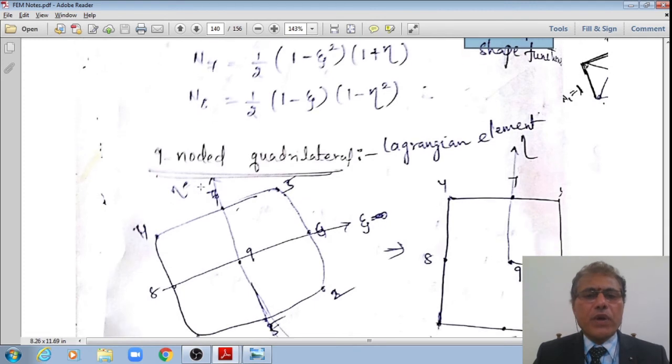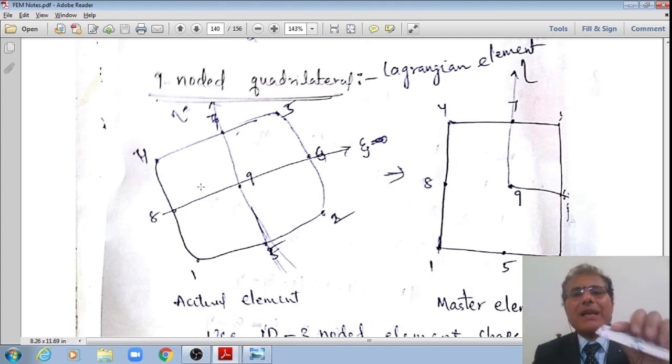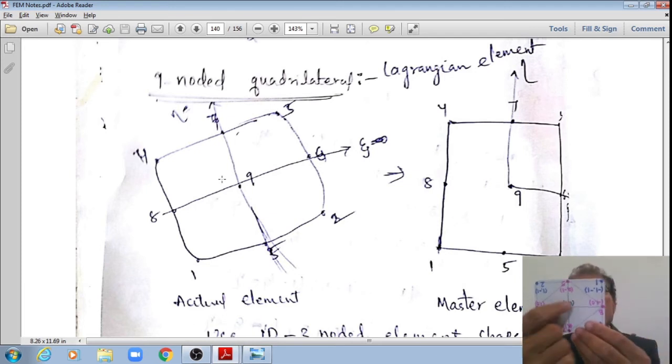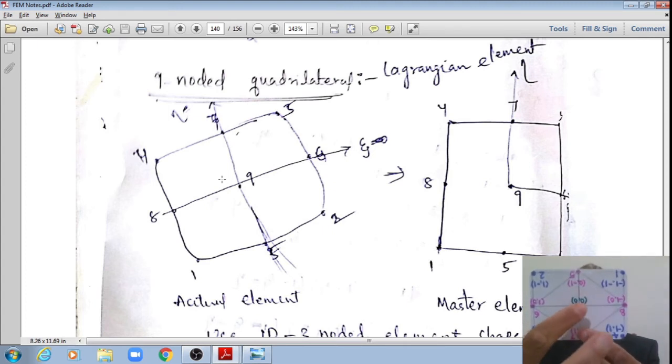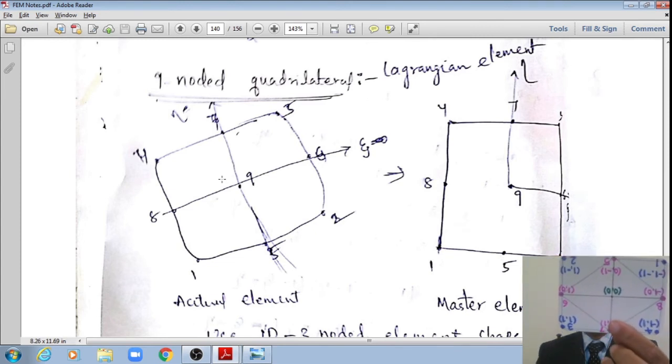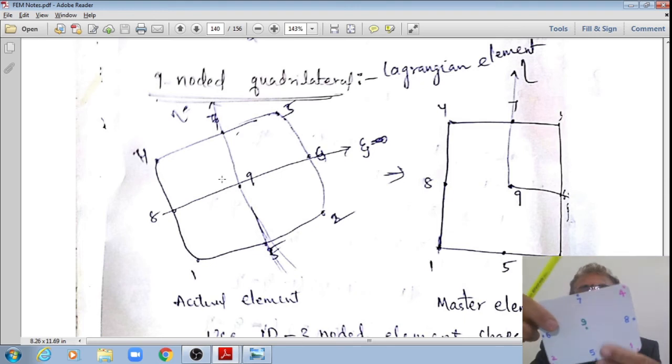Then if you understood that, students, let us move to the next subheading, 9 noded quadrilateral, right? Previously we have seen the 8 noded quadrilateral. Now in addition to those 8 nodes, if I insert a node at the CG of this quadrilateral, then that will become a 9 noded quadrilateral, student.